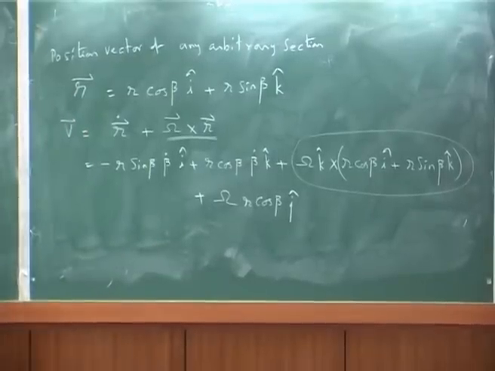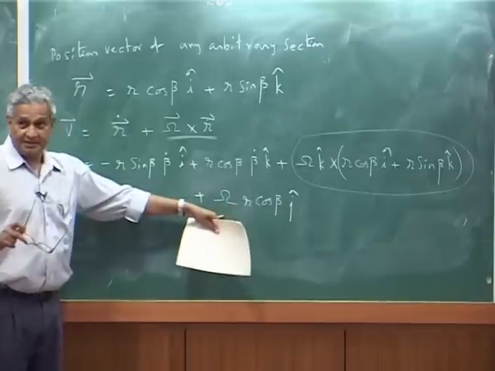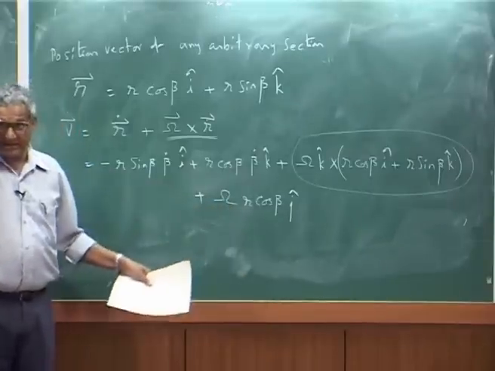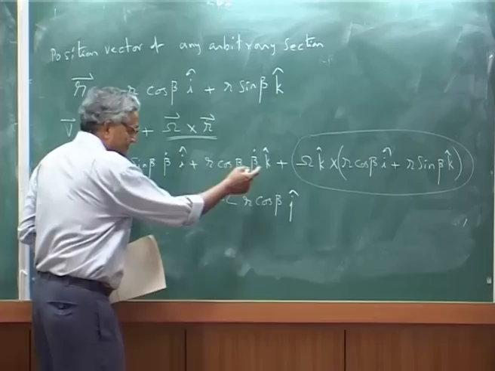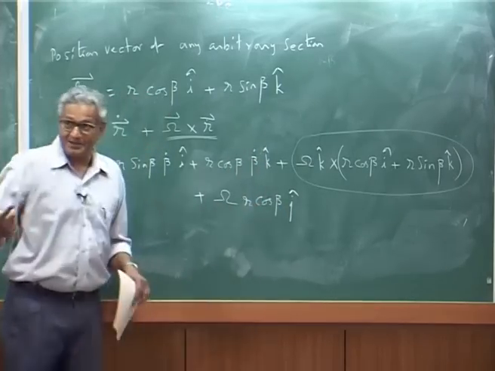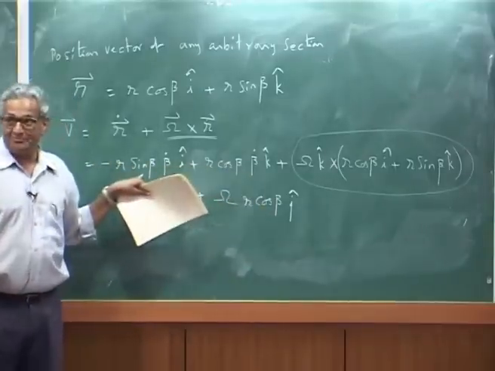Now you write the acceleration. Acceleration will be the derivative of each one of them plus again omega cross, because k dot is 0, but i dot and j dot will be there. So omega cross this expression again will come.